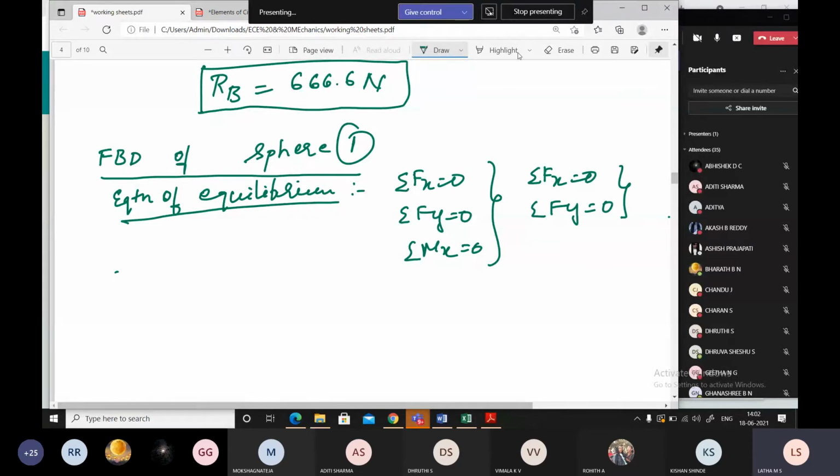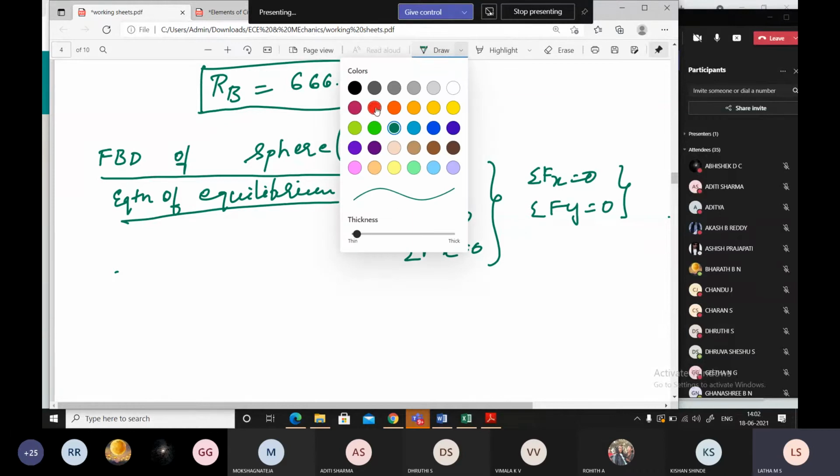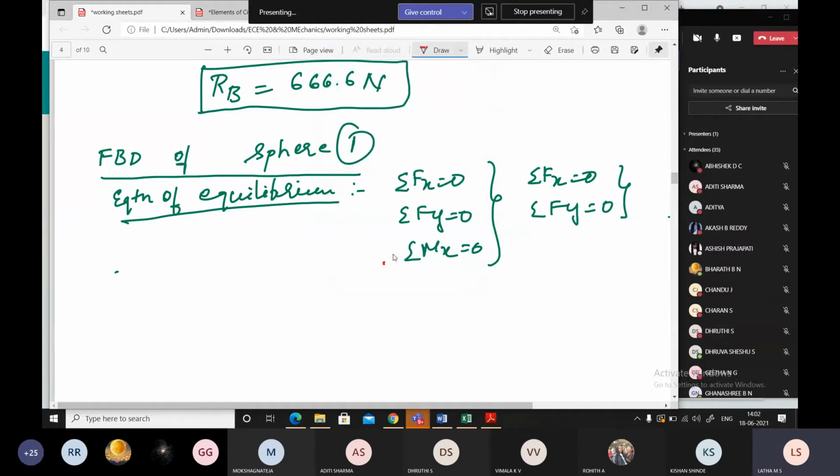I need not proceed with the sigma Mx. So only two conditions are enough to solve a coplanar concurrent or non-concurrent force system. Keep this in your mind, students.